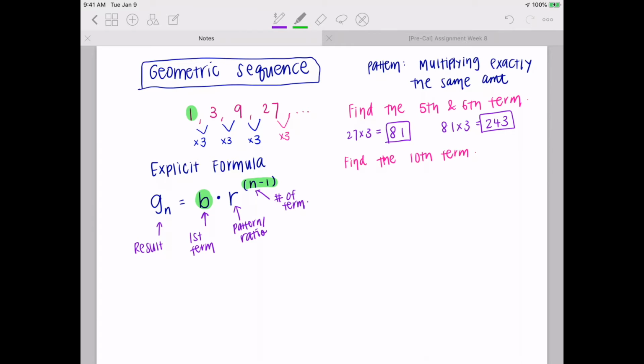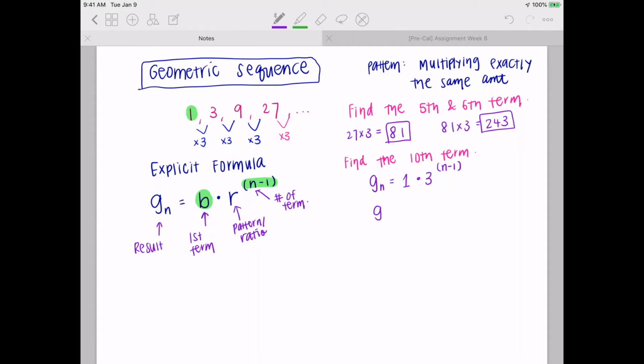Okay, so let's go back to our formula. I'm going to go g sub n equals our first term, which is 1, times the pattern, which is r, and which is 3, to the n minus 1. Okay, as you can kind of tell, times 1 can kind of go away already.